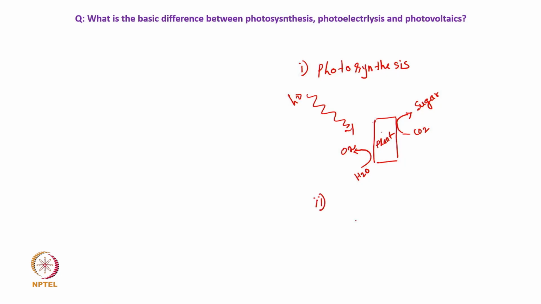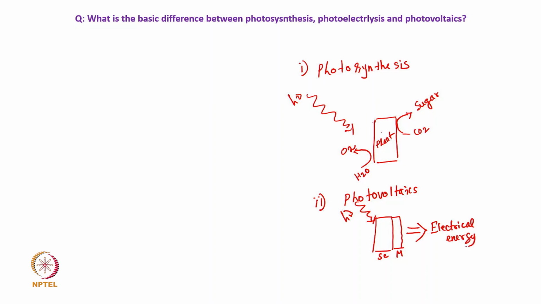In the photovoltaic process, we have a semiconductor and, say, a metal junction, sunlight falls here, and what we get as an output is electrical energy, or the voltage.